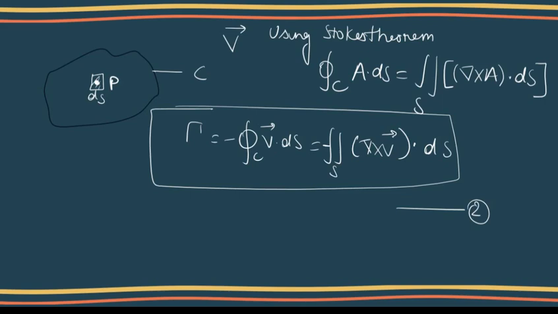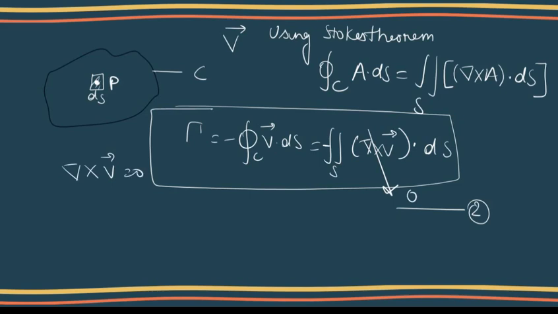Now this leads to one more conclusion. What is that conclusion? If the flow is irrotational everywhere within the contour of integration, that is, whichever contour or domain we have considered, then what happens to this term? This will become 0, correct?